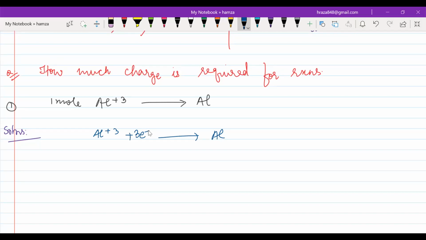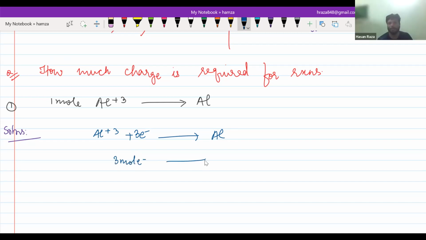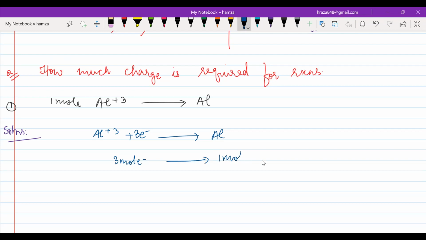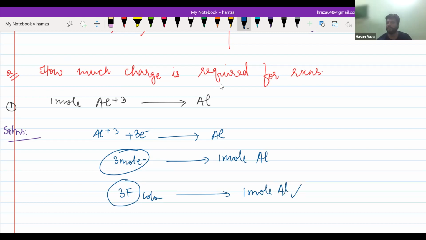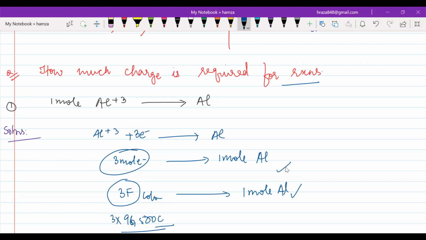Yes, sir. 3 electrons, that means 3 moles of electrons will give 1 mole of aluminum. So 3 moles of electrons, that means 3 Faraday of charge is required to make 1 mole of aluminum. The question was how much charge is required for the reaction. So 3 Faraday, that means 3 into 96,500 coulomb of charge is required for the formation of 1 mole of aluminum. Is that clear? Yes, sir.